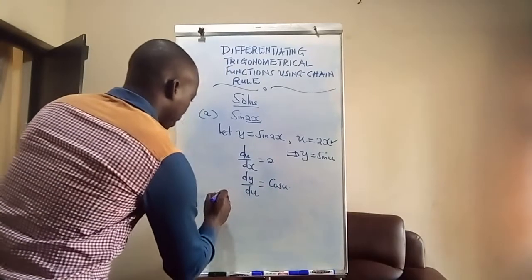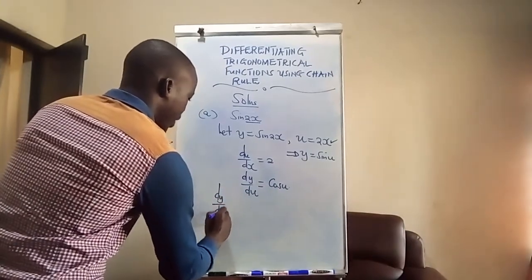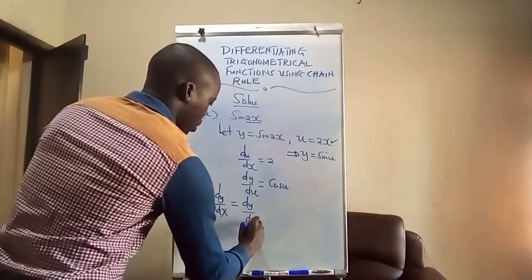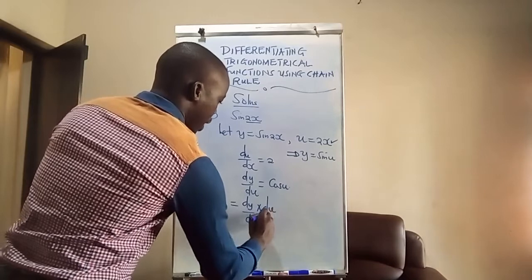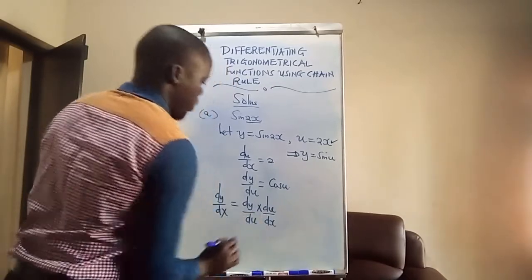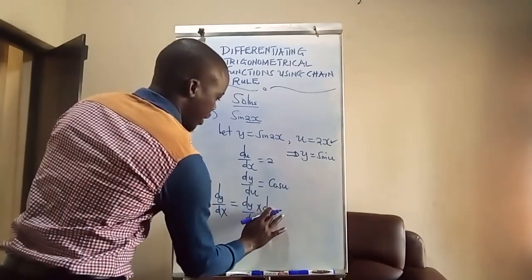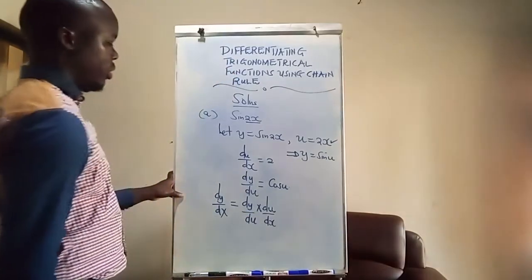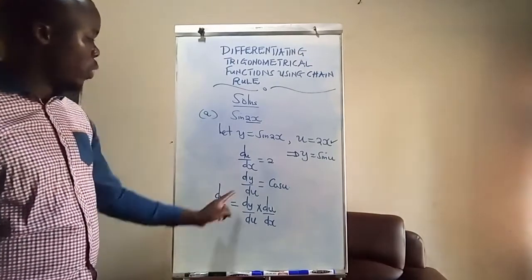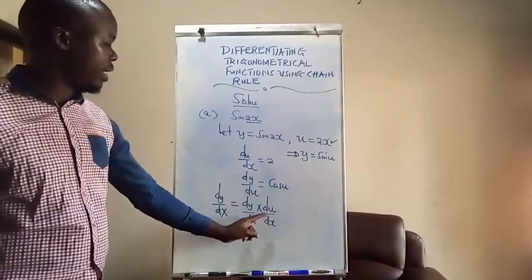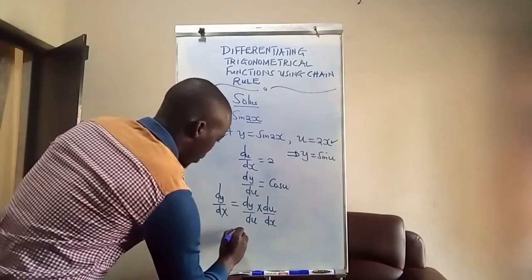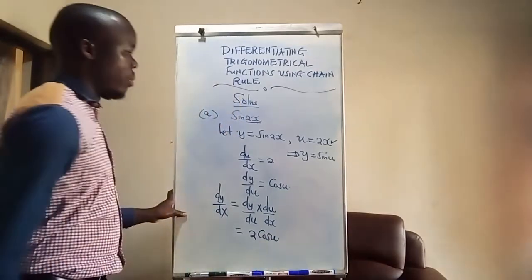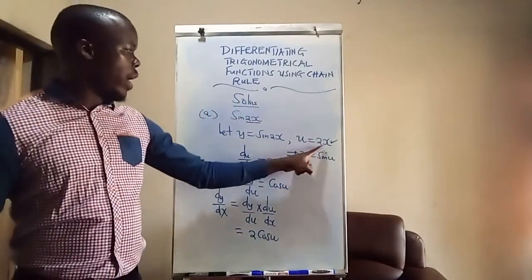Now that we are here, the chain rule states that dy dx, which we are looking for, is going to be dy du times du dx. Now the next step is simply substituting. We know dy du is cos u, then du dx is 2. So at the end of the day, we shall have 2 cos of u. But remember, we called u to be 2x.